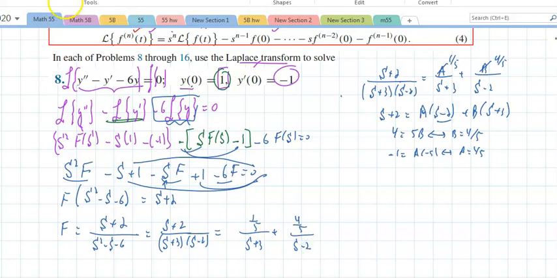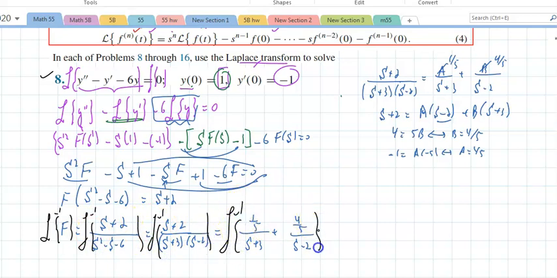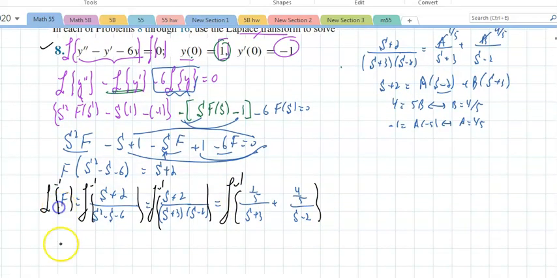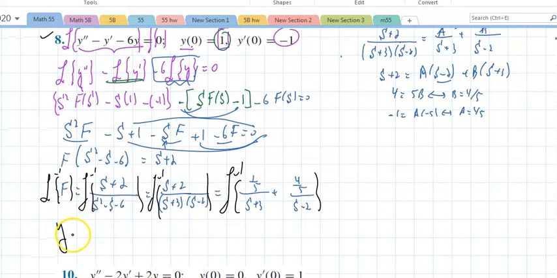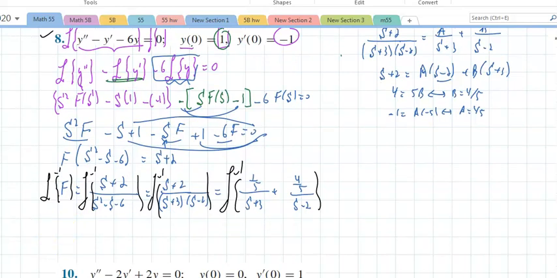And now guess what? If I want to find the solution to a differential equation, I'll apply the inverse Laplace transform. Don't we agree that this is simply y of t or f of t? f of t is the solution.